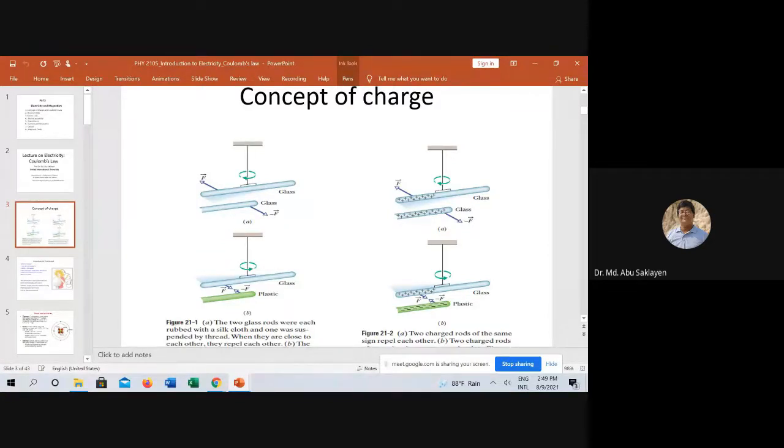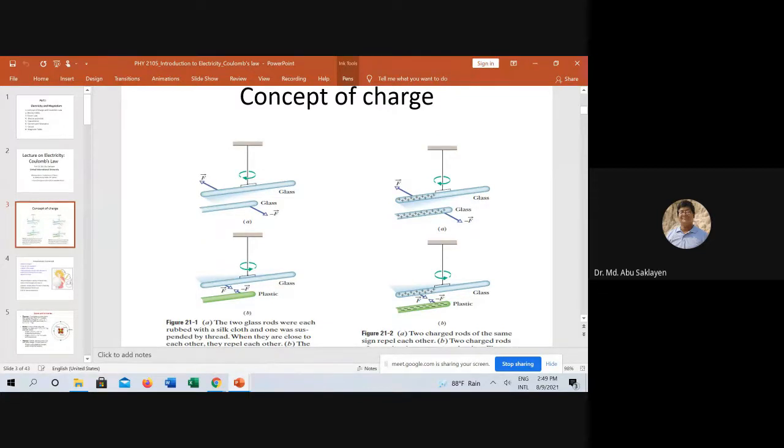So before rubbing, the net charge on the object will be 0, because the number of protons and the number of electrons of the object are equal, and this is known as equilibrium.